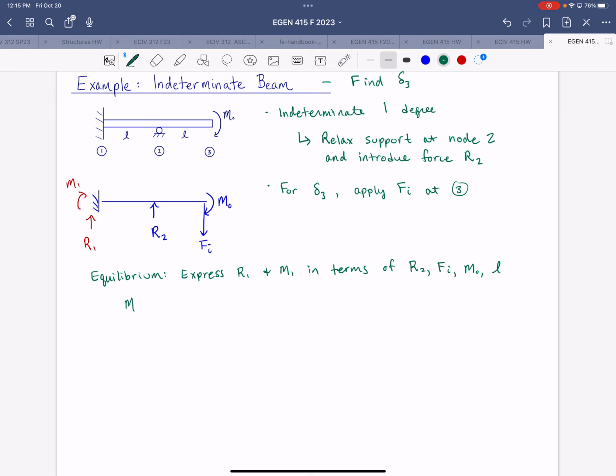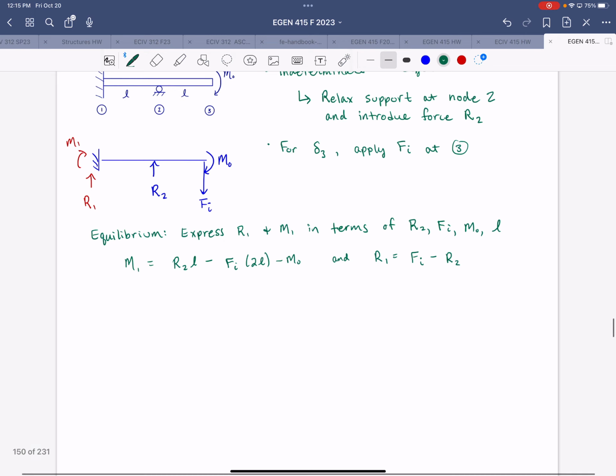So from equilibrium, we'd have M1 is equal to R2L minus Fi times 2L minus M naught. And R1 would be equal to Fi minus R2. So the next step will be to write the expressions for moment in each span.